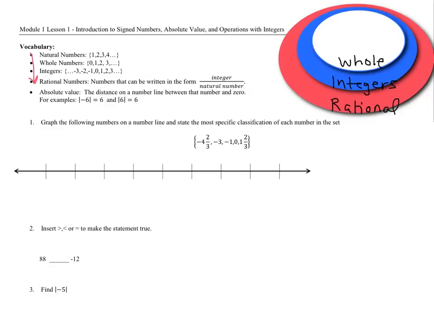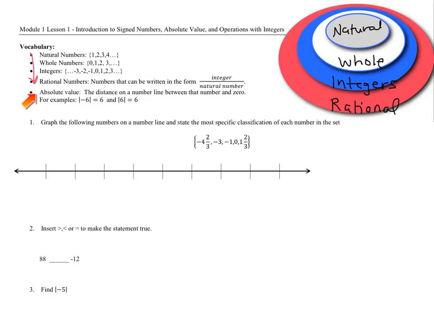And then furthermore, within the set of whole numbers, I could fully contain the set of natural numbers. So natural numbers are classified as whole numbers, which are also classified as integers, which are also classified as rational numbers.